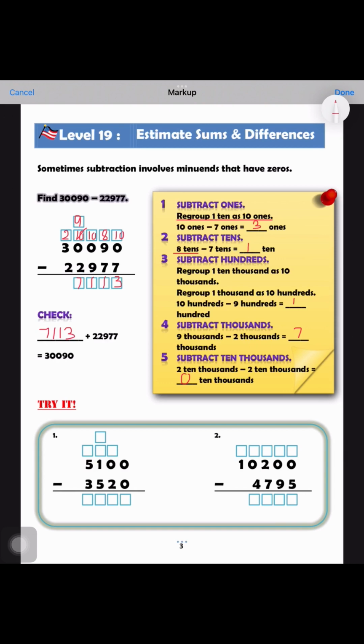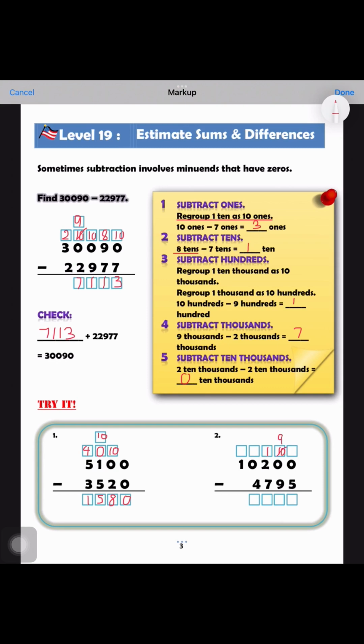In the tens place, 0 is not enough to minus 2. So we regroup 100 to 10 tens. So 10 minus 2 equals 8, and the final answer will be 1,580.